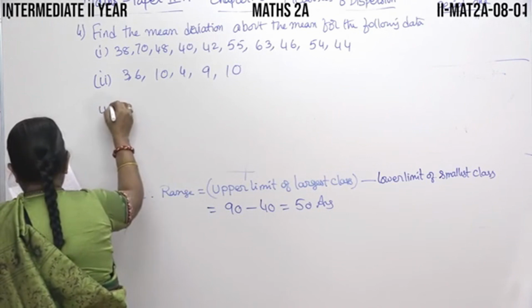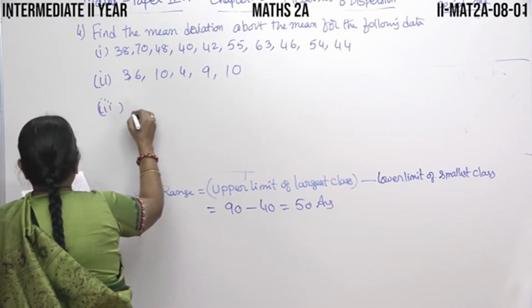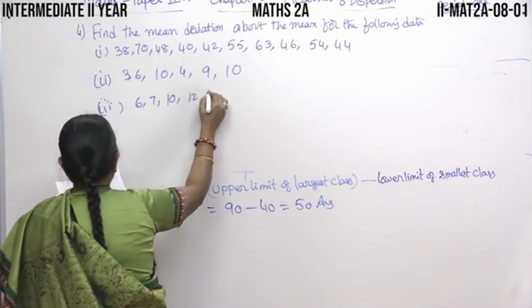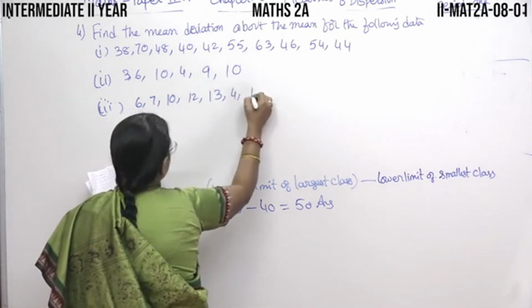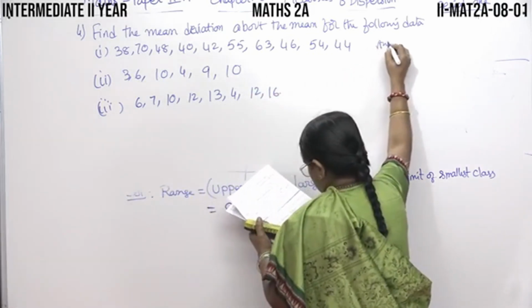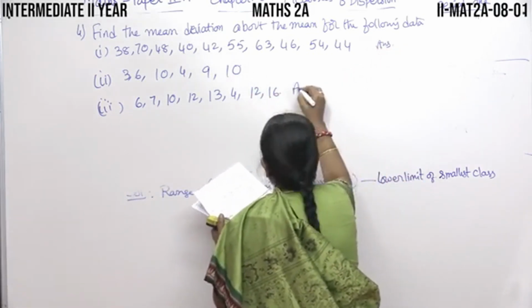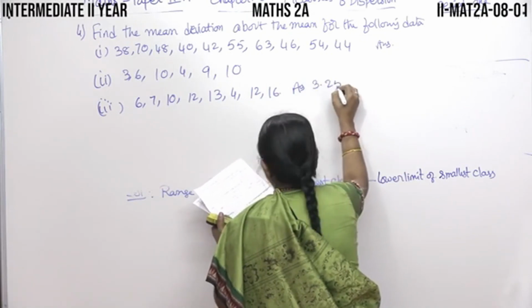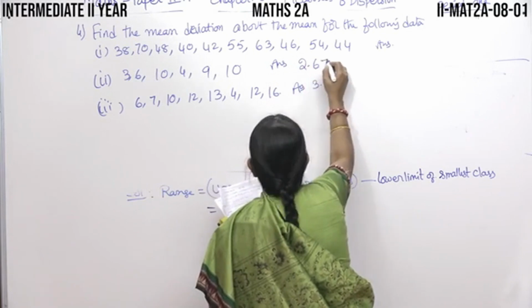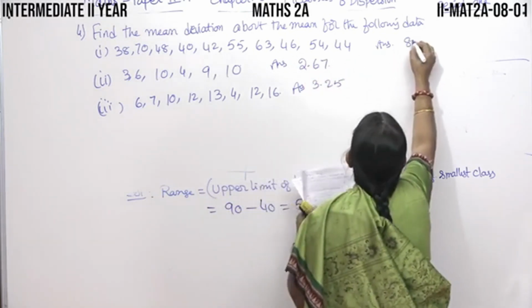Next, third part: 6, 7, 10, 12, 13, 4, 12, 16. For the third, the answer is 3.25. For the second part, the answer is 2.67. First one answer is 8.4.